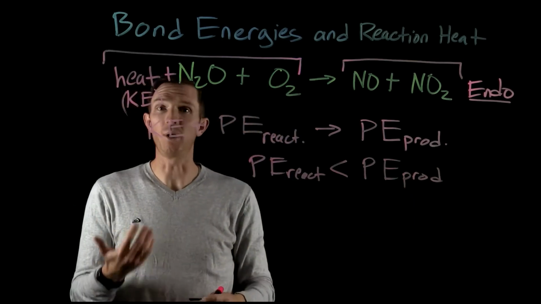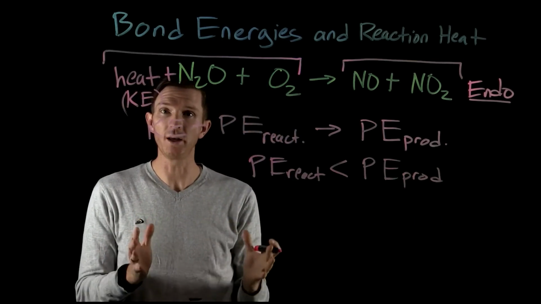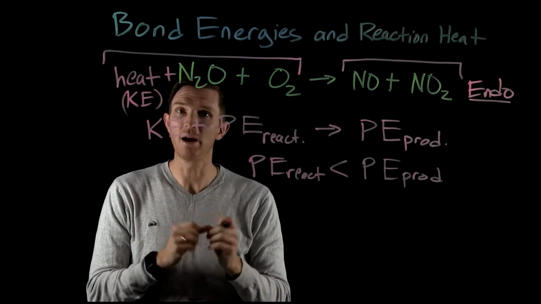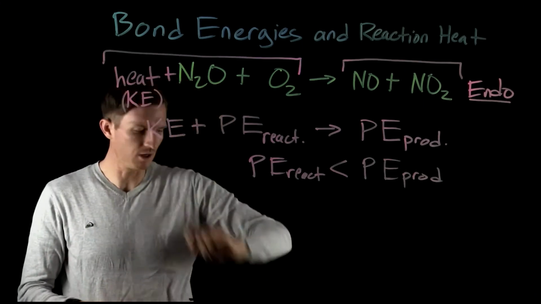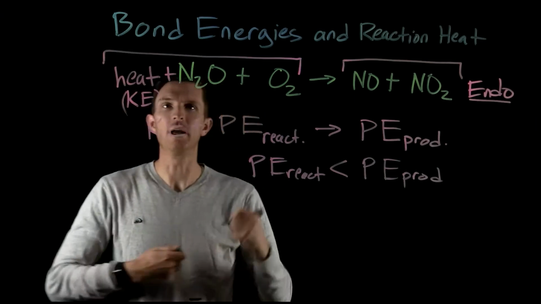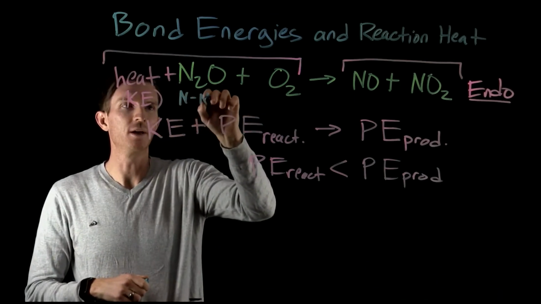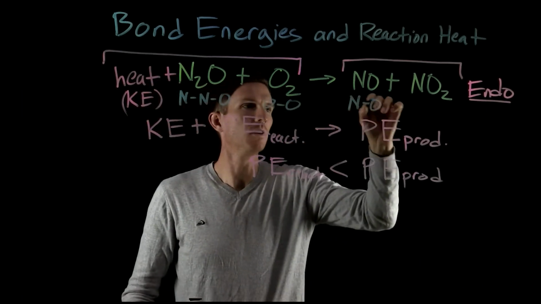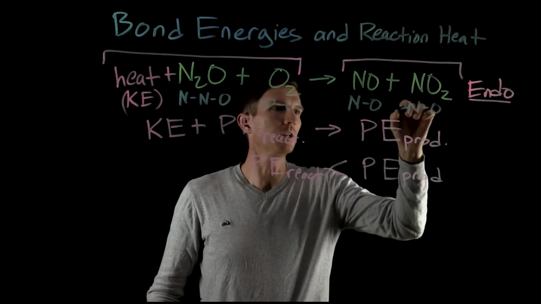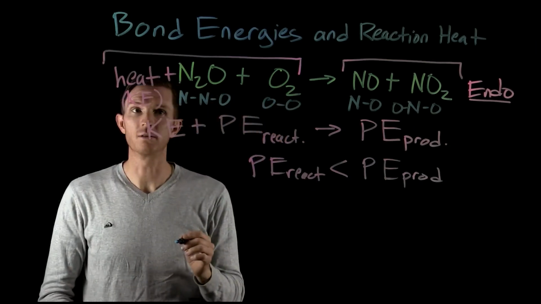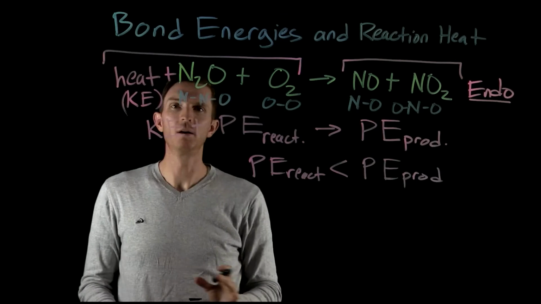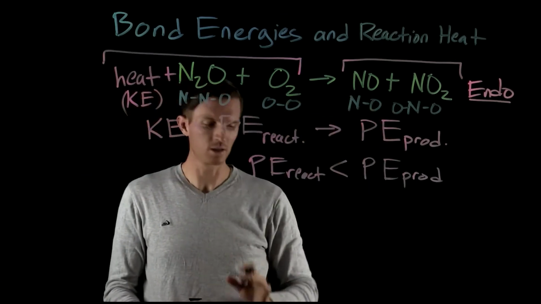Now, how does this relate to bond energy? Well, bond energy tells us how strong of an attraction we have between two atoms. So for example, up here we have our N2O, so we think about nitrogen, nitrogen, oxygen, and then nitrogen surrounded by two oxygens. Now, as we look at these bonds, we're going from reactants to products.